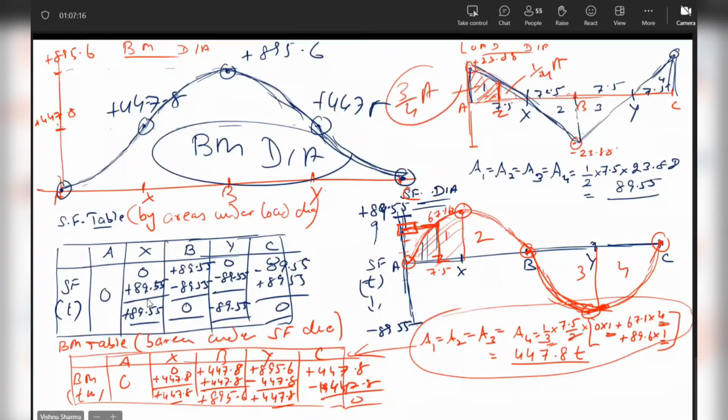And that question is genuinely not so straight to solve, especially the BM diagram. Up to SF, you still do it. BM is a little tricky, but since it has come once, whatever best we can do, we'll try to do in that question also. Guys, as we read through the questions, if you have any doubts about this solution, let me know. We'll address them again if there is a problem.